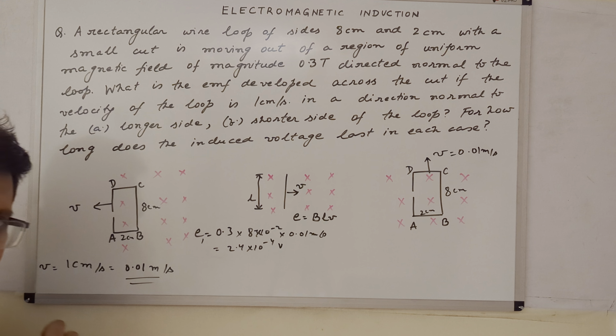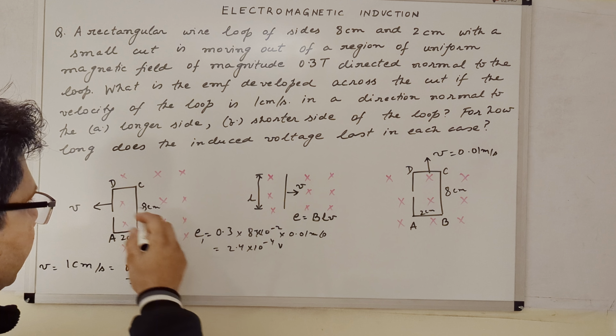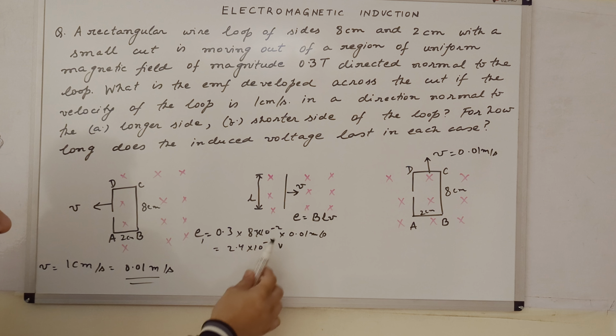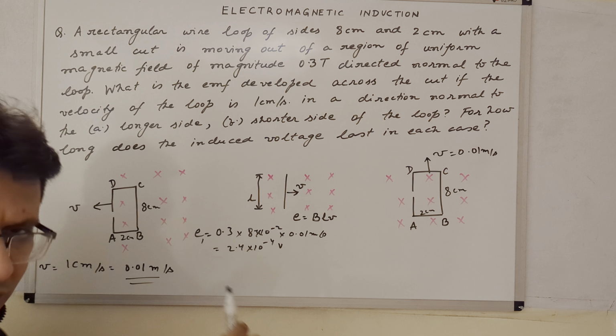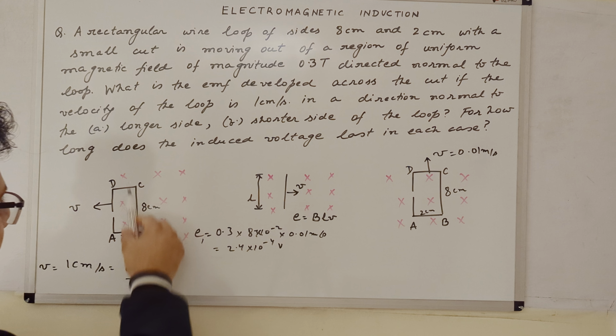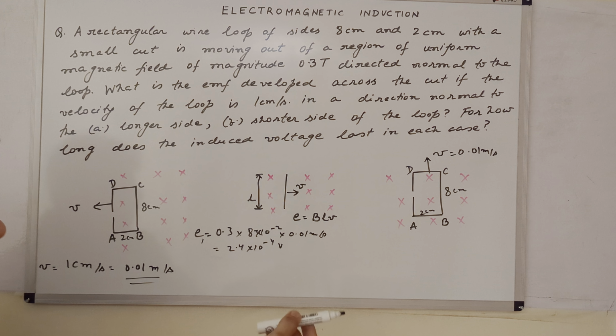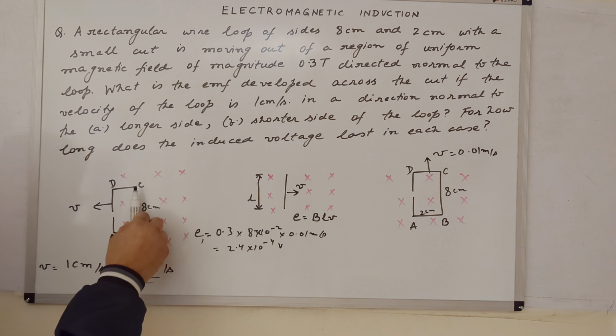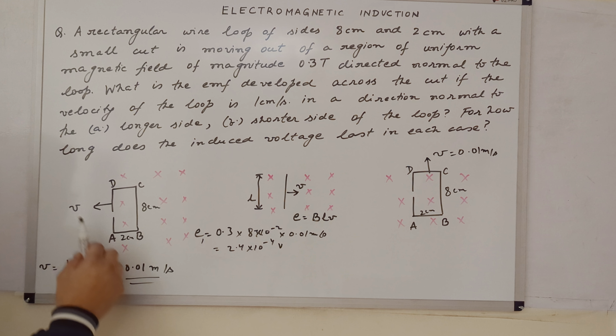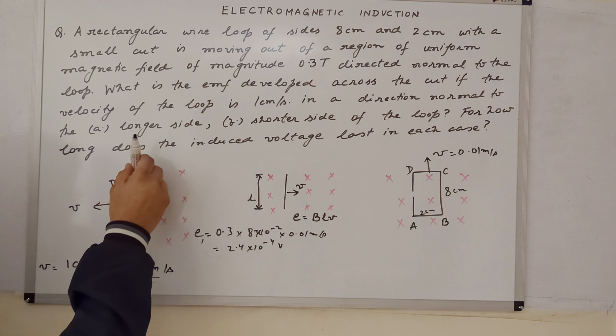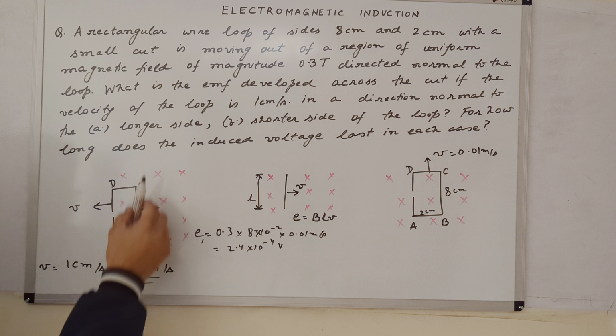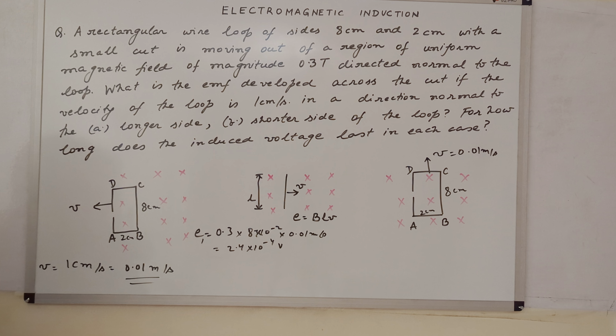Now we also have to calculate the time during which this EMF persists, that is, the time for which this EMF lasts. The reason is the EMF will die out after some time. When the rectangular frame is moving in this direction, after a certain time this CB section of the wire also comes out of the magnetic field.